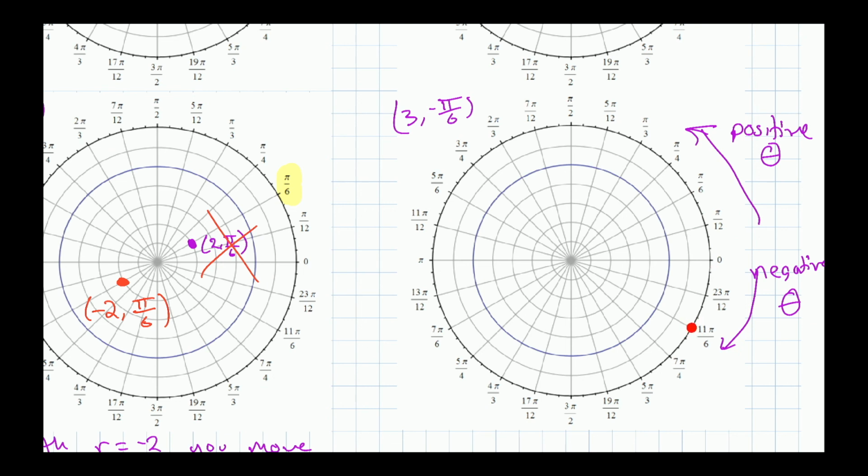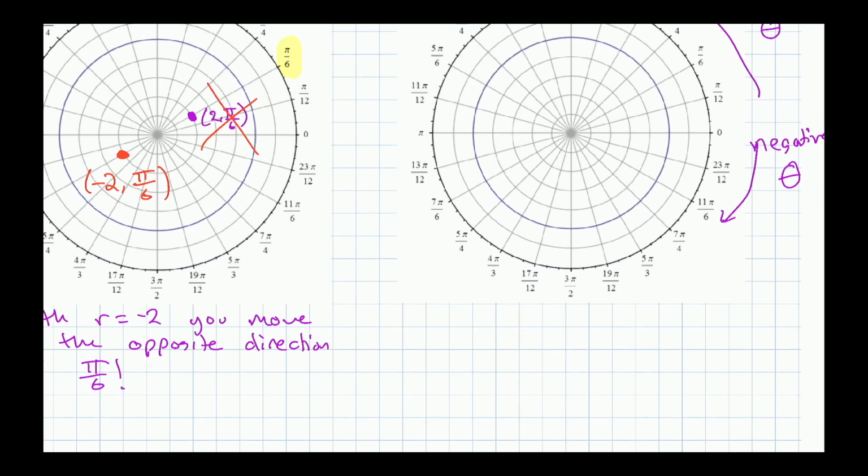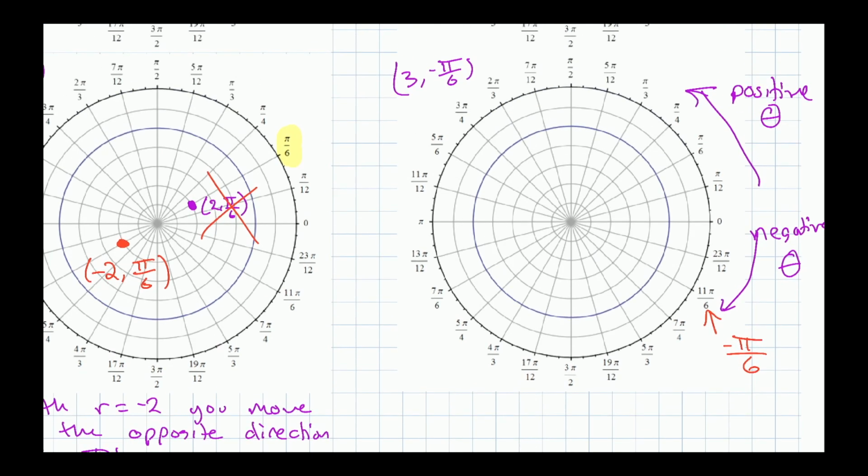So it would be this, 11 pi over 6, is what you would want. Okay, so negative pi over 6 is going to be down here. And then we need to head how far in that direction? 3. So we're going to go from here, 1, 2, 3. Going to be right here.